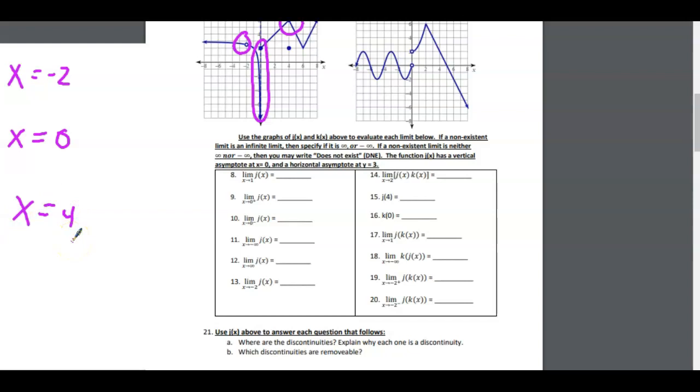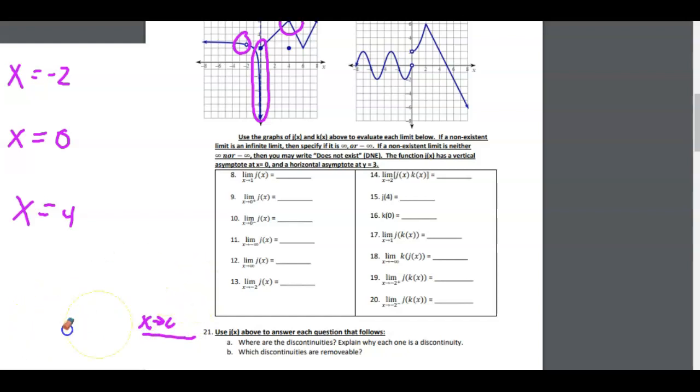Now, we have to explain why they are discontinuous. Remember, in order for a function to be continuous, the function has to exist at that point, the limit has to exist at that point, and those two things have to be the same. If one of those three things fail, if either the function fails to exist, the limit fails to exist, or they're not equal, then that's a reason for saying it's not continuous.